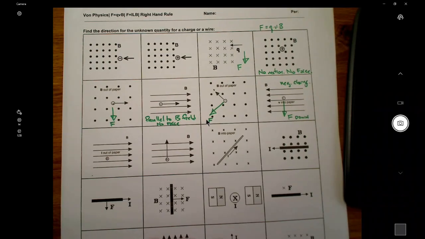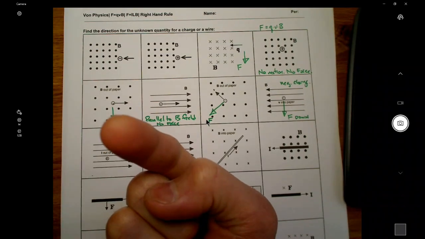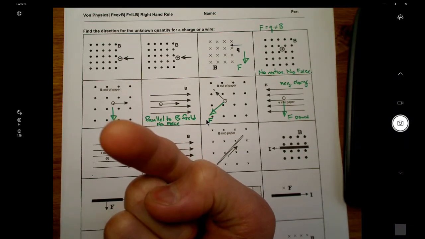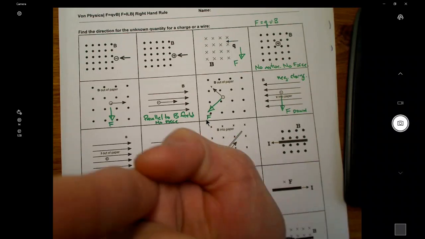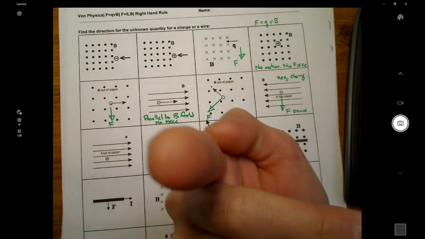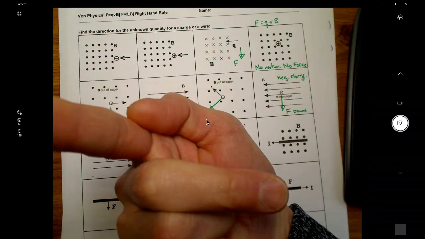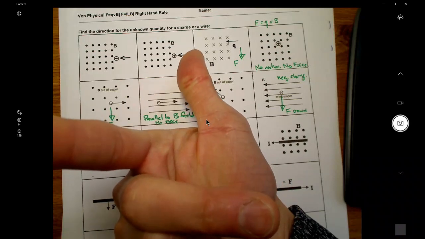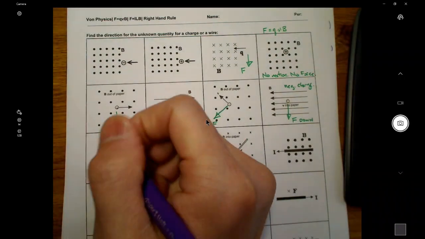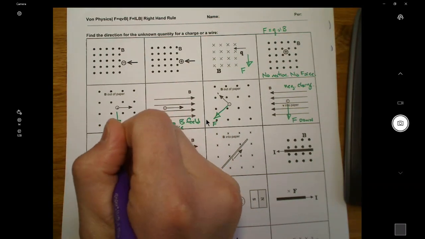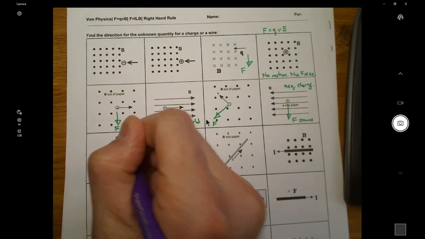I point my index finger out of the paper on my right hand, and my middle finger points in the direction of the magnetic field, which is to the right. Then my thumb points in the upward direction. So for this one, we have a force that is up.